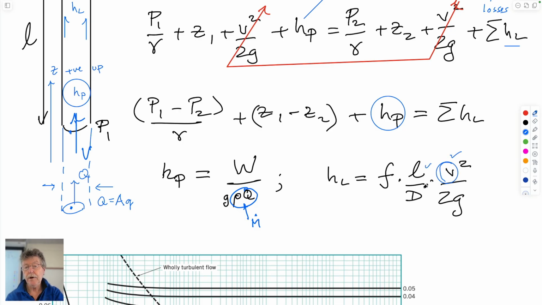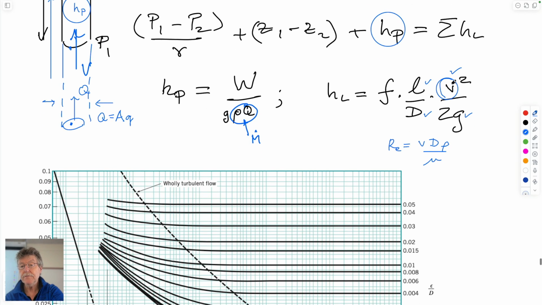If you know the length of the pipe, your choice of diameter, gravity on this planet, if you know the Reynolds number from that velocity, which would be equal to the velocity times a characteristic length times the density of the fluid divided by the viscosity of the fluid.